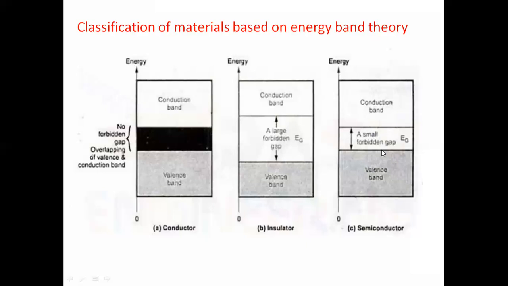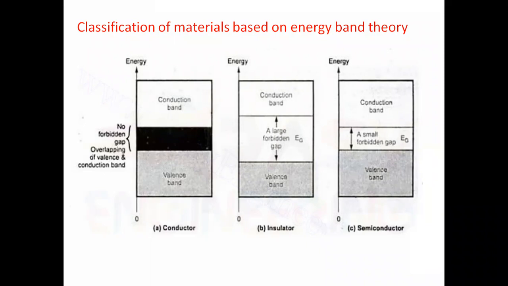For the semiconductors, there is a smaller forbidden gap. So if you apply a small amount of thermal energy, meaning heat energy, that is a change of the room temperature. Suppose the room temperature is around 27 degrees Celsius. From 0 degrees Celsius to 27 degrees Celsius variation, there are readily available electrons.